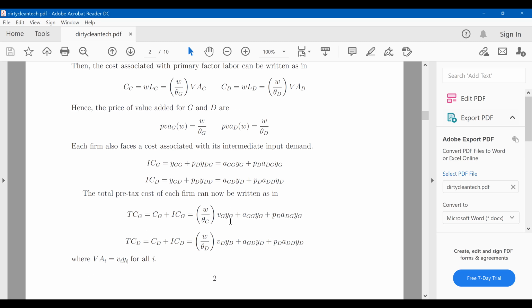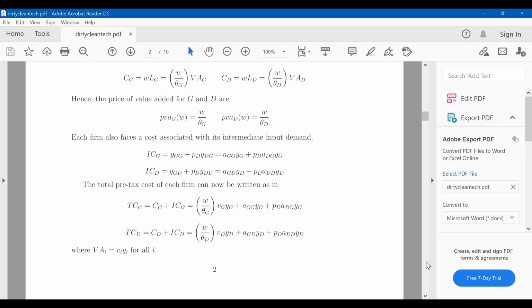So we also replace that, and we express here the total cost as a linear function of output. Do you see? You see YG here, YG here, YG here, and YD here, YD here, YD here. This is again the constant returns to scale assumption. The production function is linear, so at the end I can write total cost in this way.